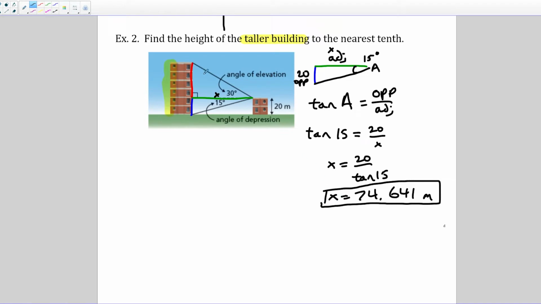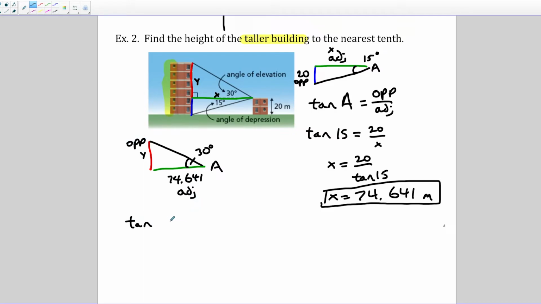And we're going to move on to our second triangle, this red and green triangle. So let's go ahead and do that work over here. So I've got my red and I've got the green. And I know that this green side is 74.641. This red side, let's go ahead and call this guy y. Again, angle A. And this one from our angle of elevation is 30 degrees. So let's label based off of our reference angle of A. This is my opposite side, and this is my adjacent side.